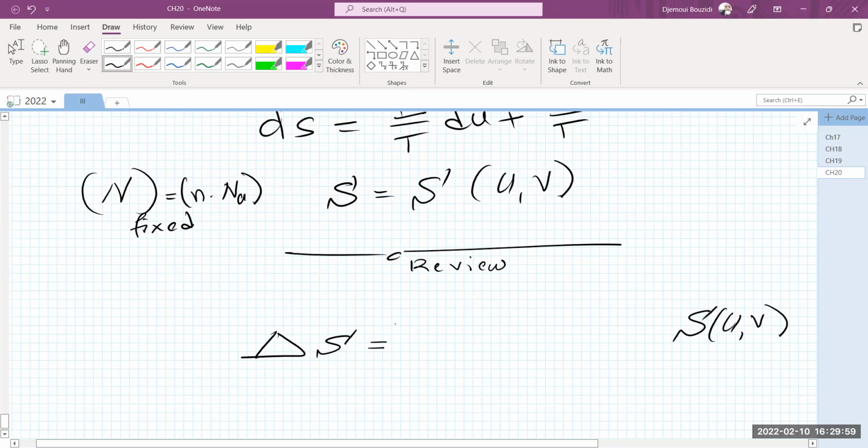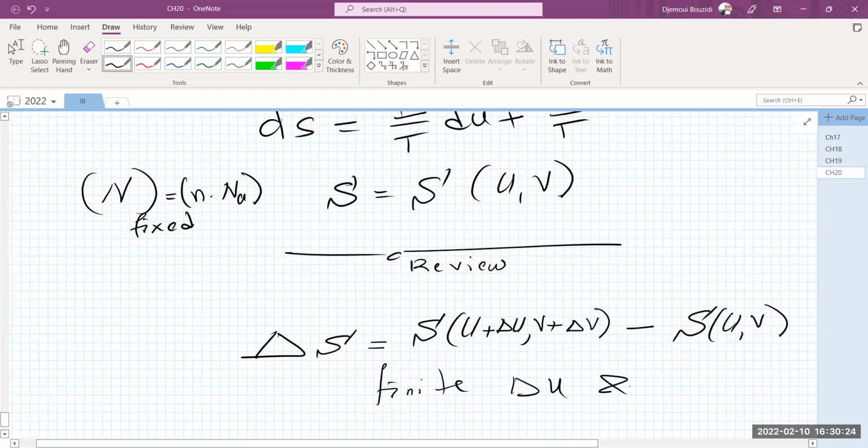Then compute the value later on when U went from U to U plus delta U, and independently, V went from V to V plus delta V, and subtract these two quantities. This is what I meant by the change in entropy over a finite delta U and delta V separately, independently. Those two are independent variables. So far, so good, everybody?